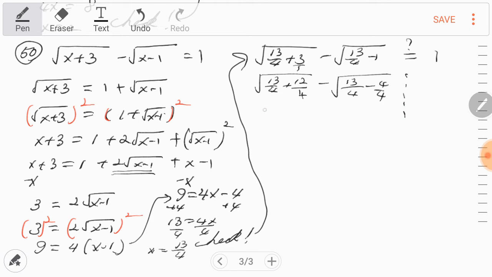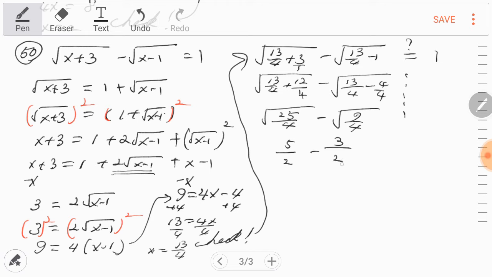Then the left side is 25 over 4 minus 9 over 4. The numerator is square root of 25, so that is 5. The denominator is square root of 4, so 2. Same thing, square root of 9 is 3 and square root of 4 is 2.